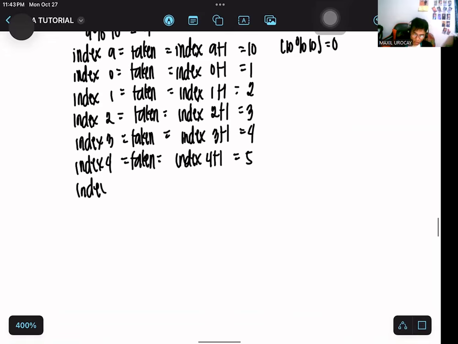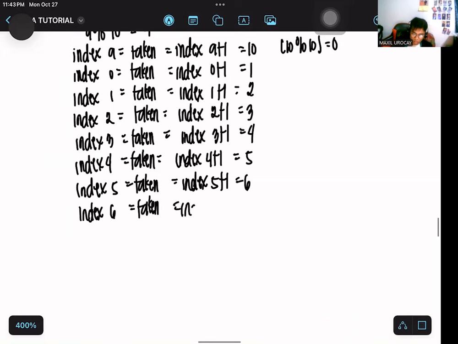Index number 5 is also taken. And then index 5 plus 1 equals 6. Index 6 is, sorry, taken. And index number 6 plus 1 is 7. So index 7 is also taken.